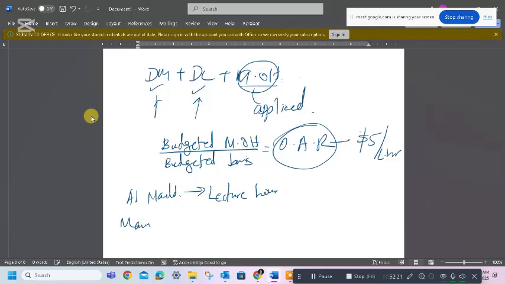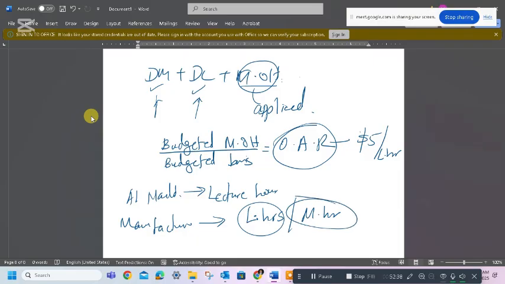A manufacturer may use labor hours or machine hours, because if the company uses more labor intensive processes, labor hours could be the basis. If the company uses more machinery, machine hours could be the basis.